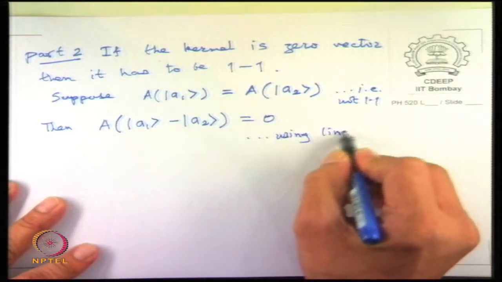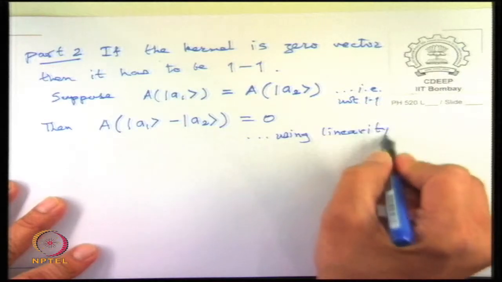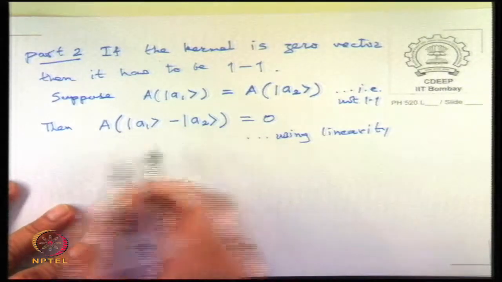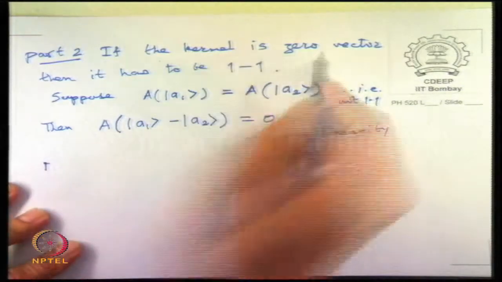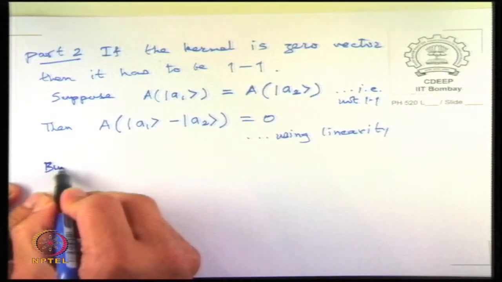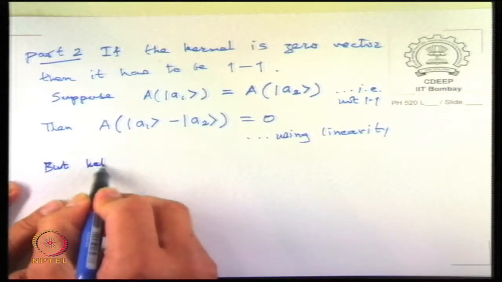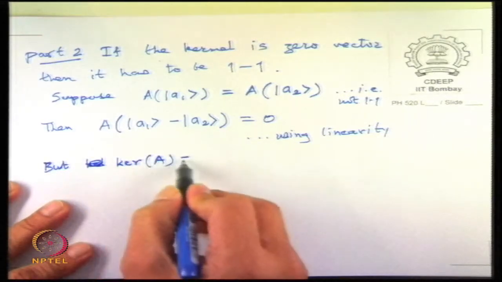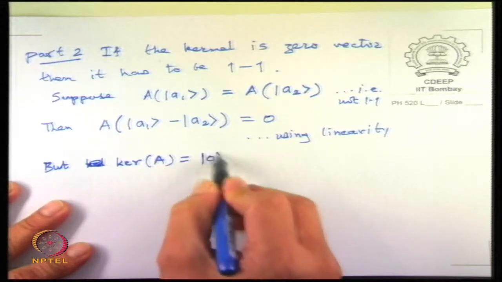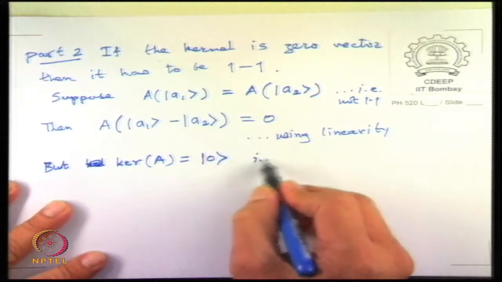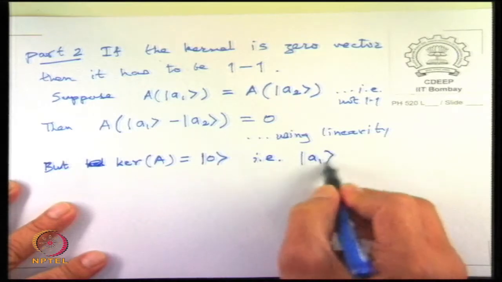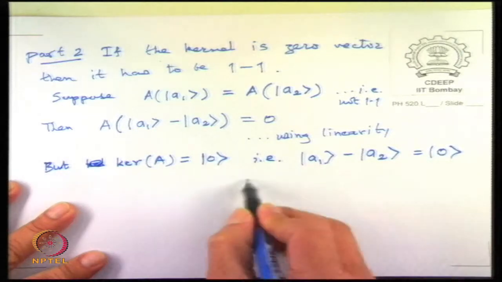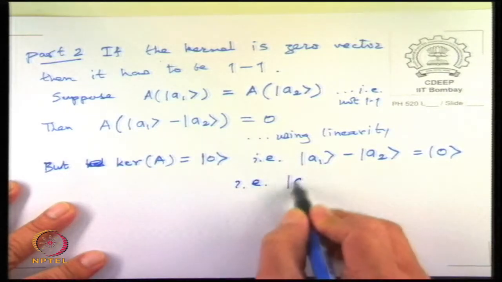So, linearity is very important in all this. But then A1 has to be equal to A2, because the kernel is 0. Ker A is 0 vector, i.e. A1 minus A2 is the 0 vector, i.e. in usual language A1 is equal to A2.